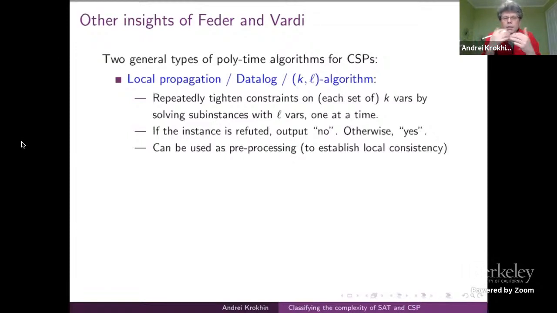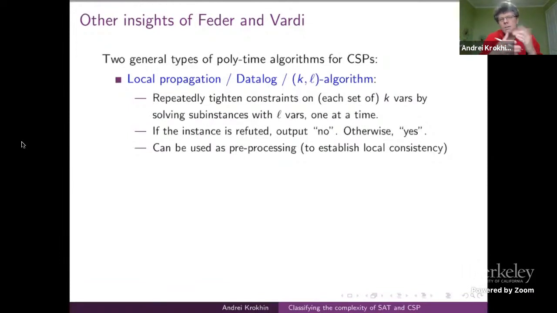And this constraint initially allows all possible combinations of values. And then you repeatedly solve subinstances with l variables, one at a time. So once you solve such a subinstance, you rule out some assignments of values to the variables. This is projected onto the relevant sets of k variables, and so we tighten the constraints on such sets.